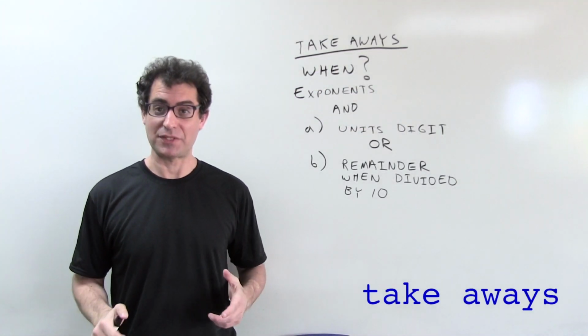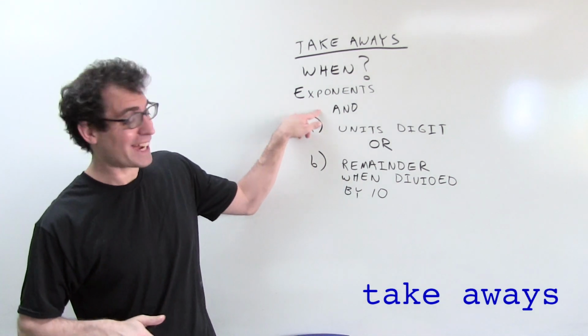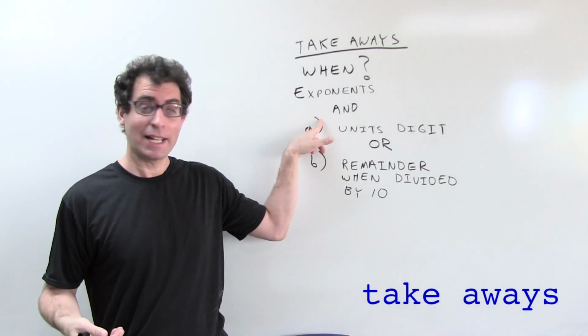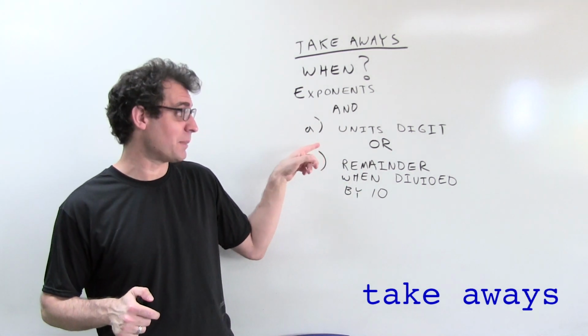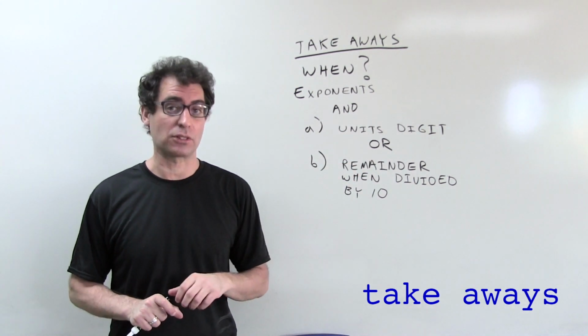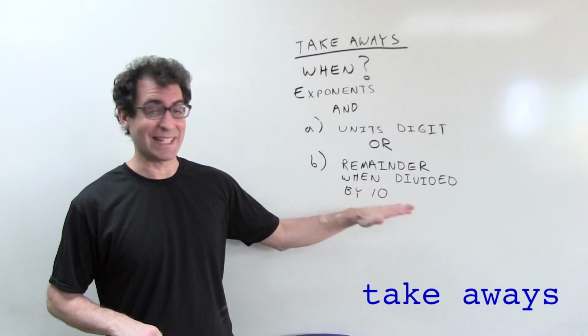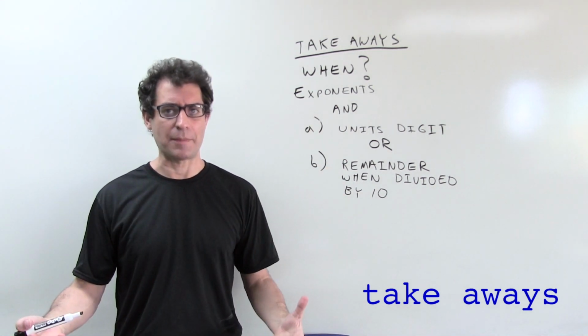Some takeaways from today's video. When do you do this type of problem? Well, you're going to see exponents in the problem for sure, and you've got to see one of these two types of questions. Either they're talking about units digit, or they're asking you what the remainder is when something is divided by 10. Either way, they're asking you the same thing, and you want to use this strategy.